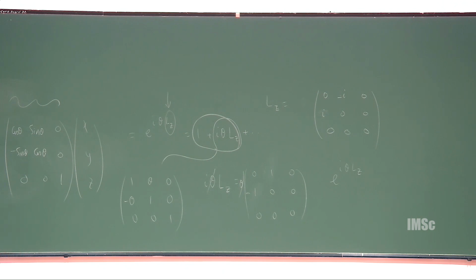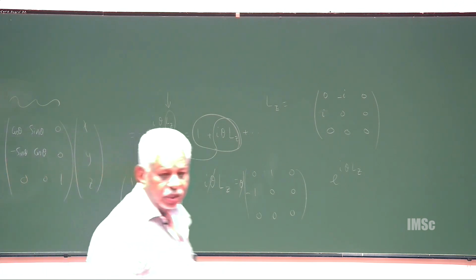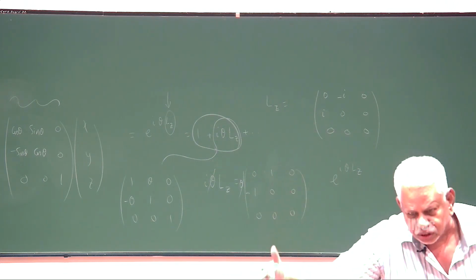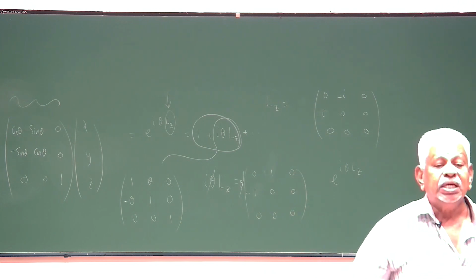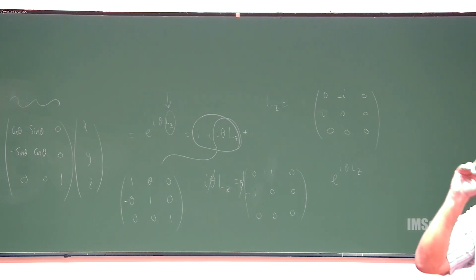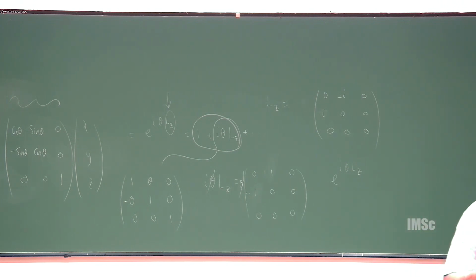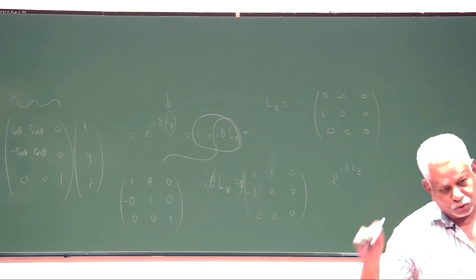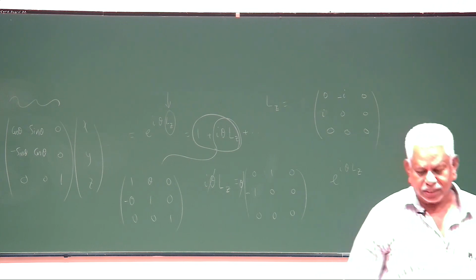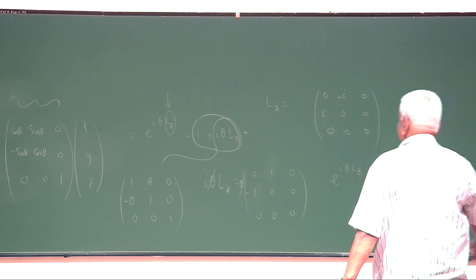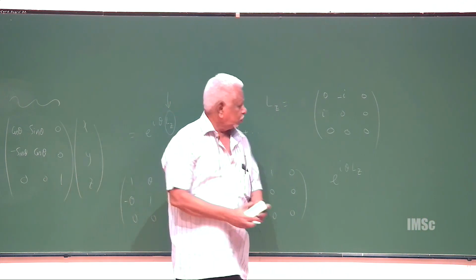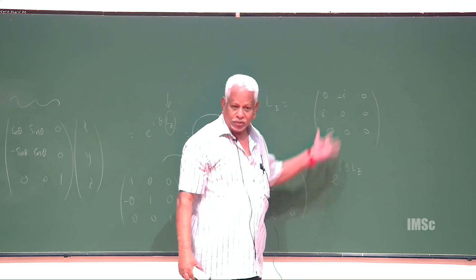Whatever formula is there for e power x, I said, 1 plus x squared by factorial 2, x cubed by factorial 3, etc., is true even for matrices. E power a, where a is a matrix, is 1 plus a square by factorial 2, a cubed by factorial 3, etc. If you do that, you will exactly get this matrix. The first term is going to be this, which we have used.